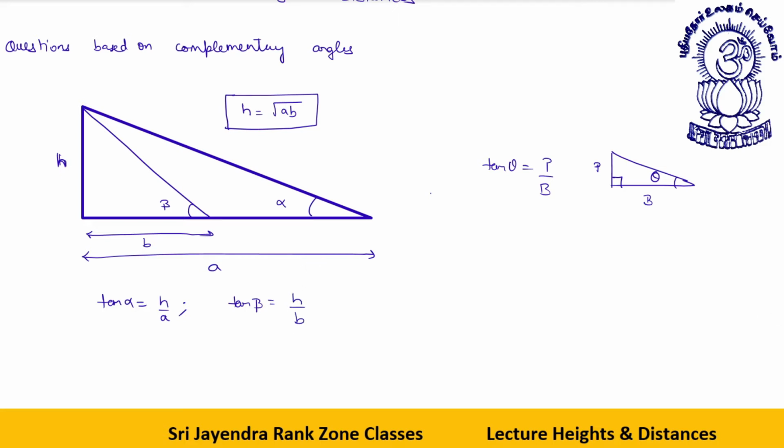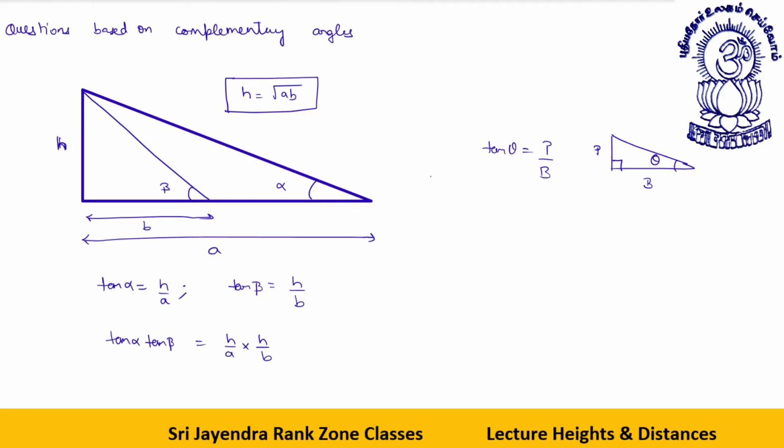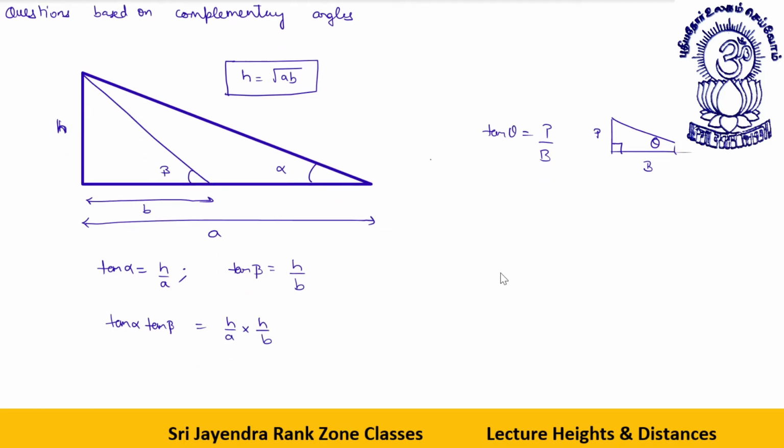Now let's multiply tan alpha into tan beta. This will be h by a into h by b. Now you have this a, you have this b.